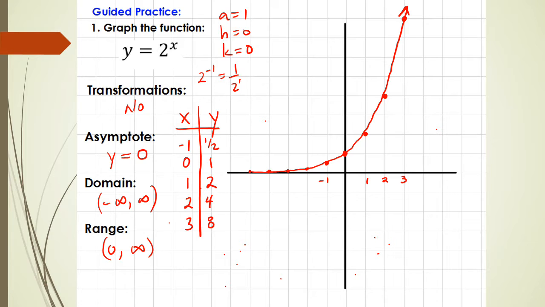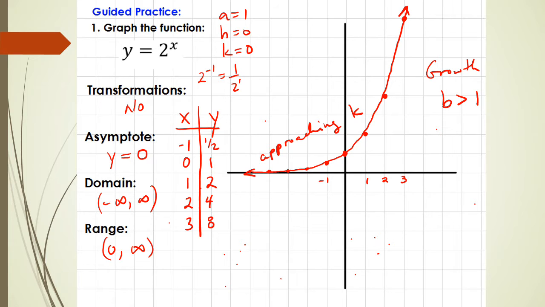Hopefully you noticed that, because b is greater than 1. And since a is 1, it's not reflected. It's just going off to positive infinity as we go right. As we go left, we are approaching k.